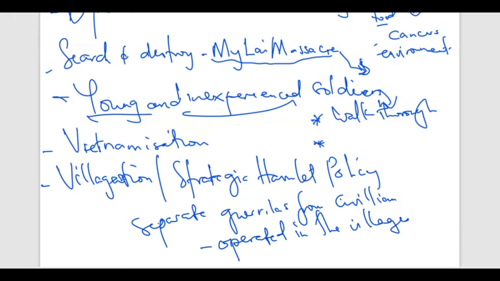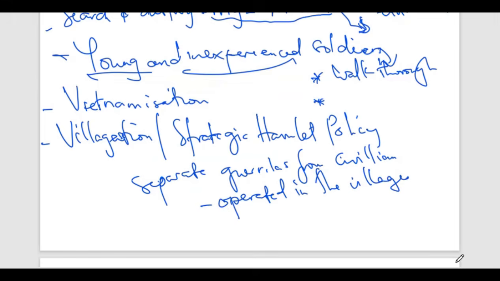At night, they would assemble and go to fight against the Americans. So it was actually difficult for the Americans to split the ordinary civilians from the guerrillas, for the guerrillas were also farmers during the day and would fight at night. So ultimately, the policy failed drastically, and the Americans could not even identify who the guerrilla was and who the villager was. So it failed.